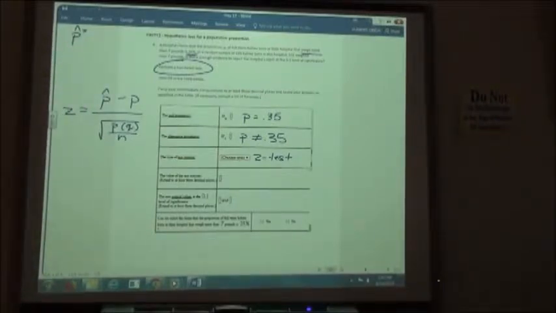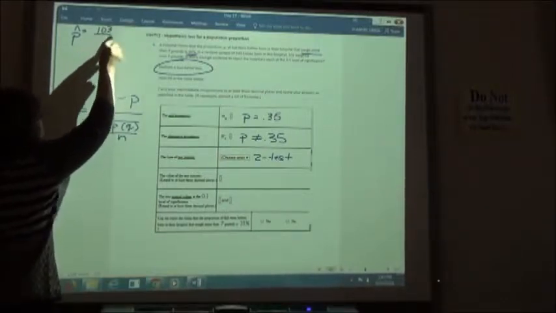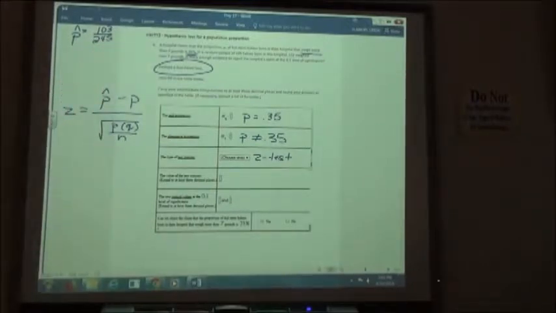Our sample proportion here says that we had 103 babies out of 245. Now, if that comes out to a nice decimal, you could change it to a decimal. I just used the fraction when I typed it in, but let's go ahead and check, does it come out nice or not?